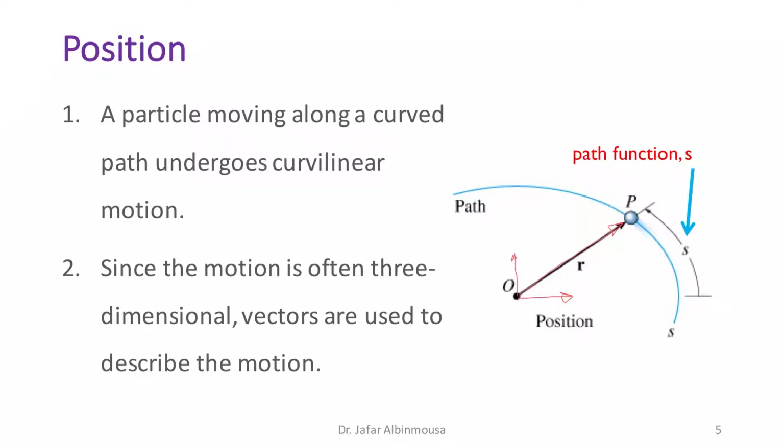The interesting part is that the position vector itself is moving with the particle, so it's not fixed, as the particle moves from one position to another. S here is the path function, while the path is basically the blue curved line.